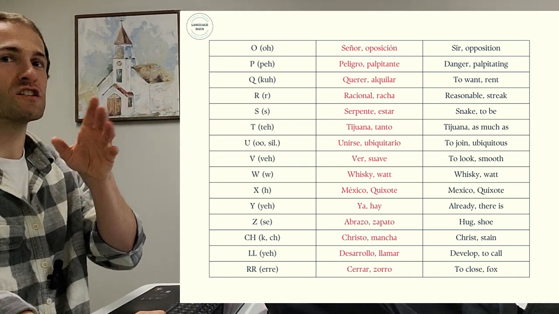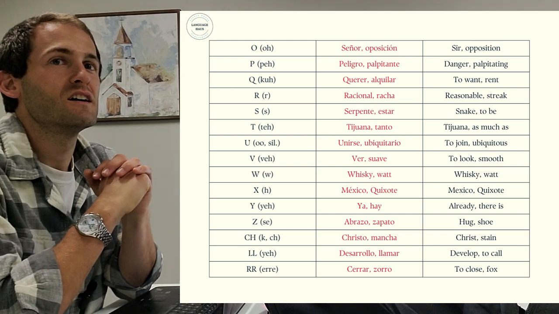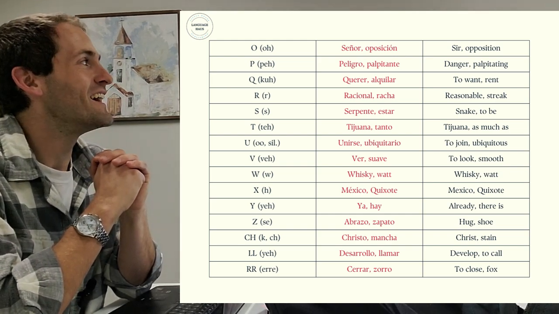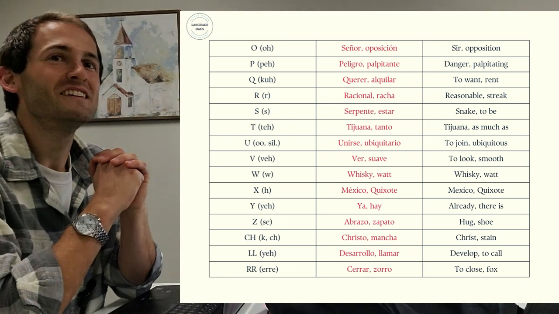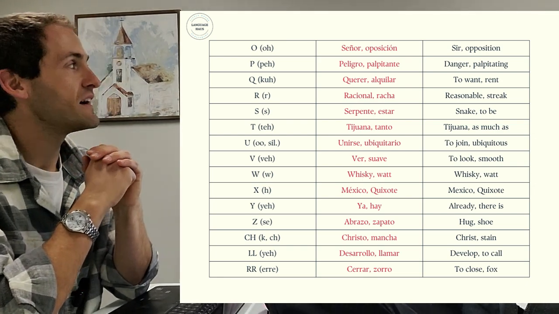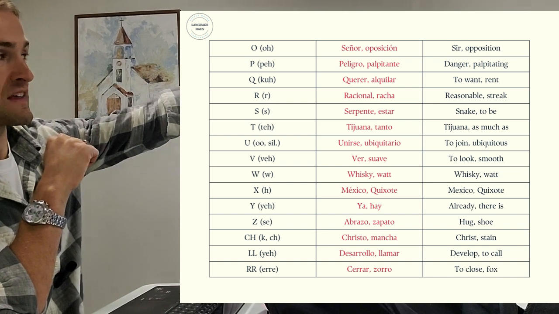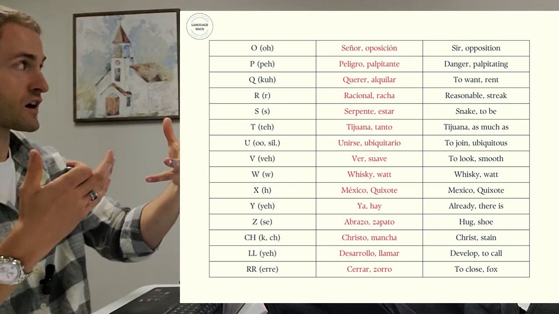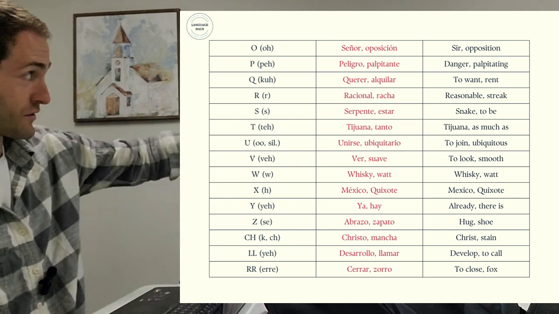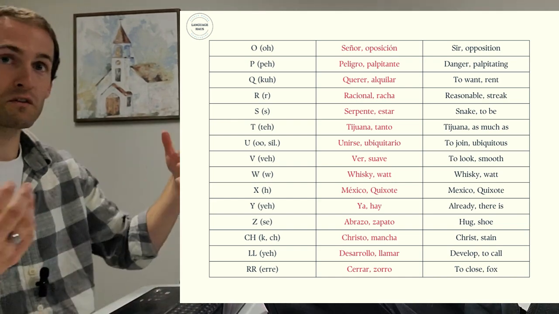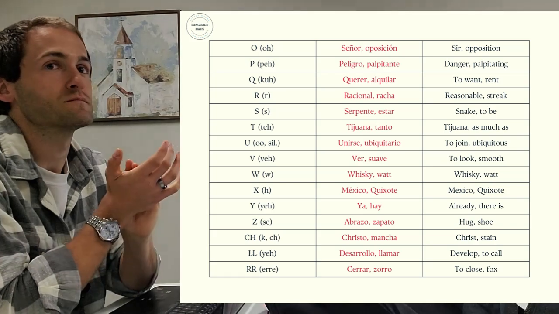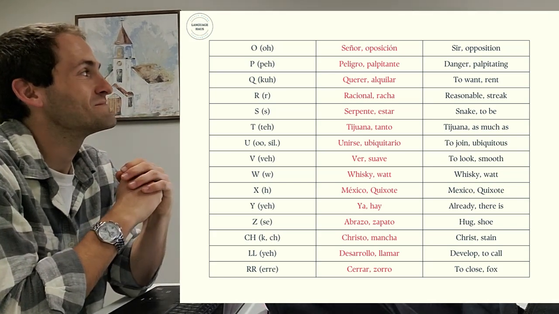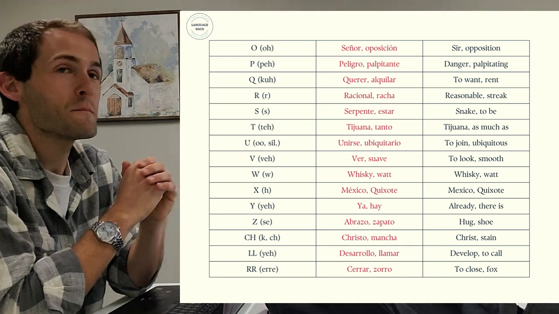Everywhere it makes that O sound. Oposición. Opposition. And that CIÓN, especially with the accent, is a very standard combination that you'll see, pretty close to English. Take the next two or three. Pedro. Yep.